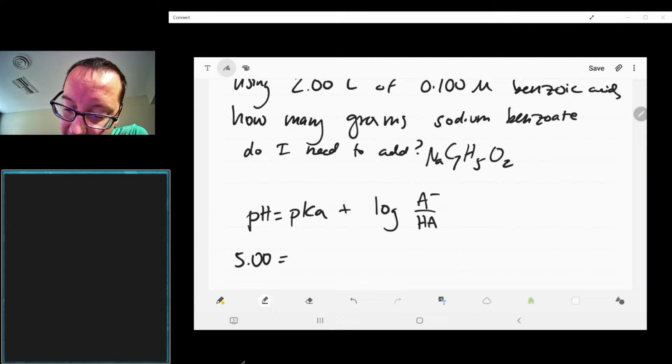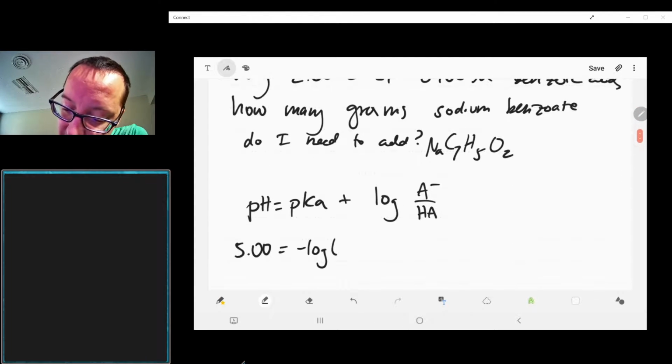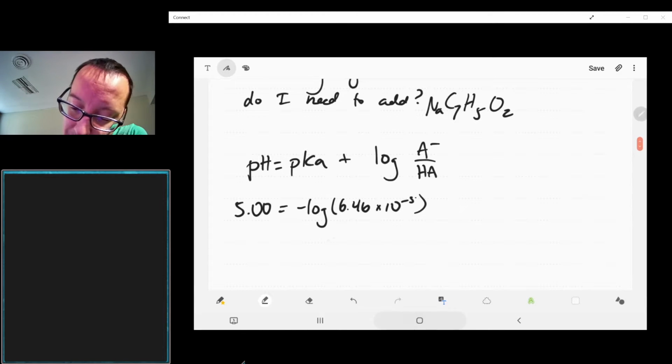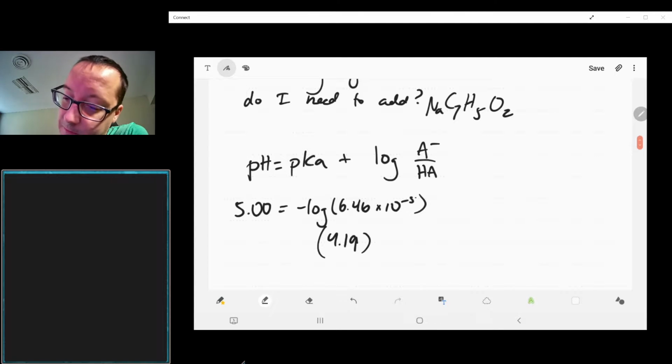We know that our pKa would be the negative log of whatever this was, 6.46 times 10 to the negative 5. Or if we just look on our chart, because the pKa is given there also, we would see that the pKa is 4.19. Either way.